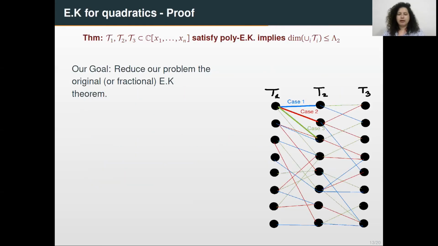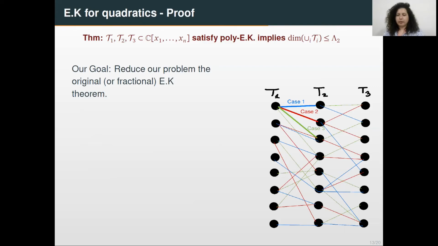So now let me give a quick overview of how we proved Edelstein-Kelly for quadratic polynomials using the structure theorem. As I said, our goal is to prove Edelstein-Kelly for quadratic polynomials. And our main idea is to reduce the problem to the original Edelstein-Kelly problem or a fractional version of it.